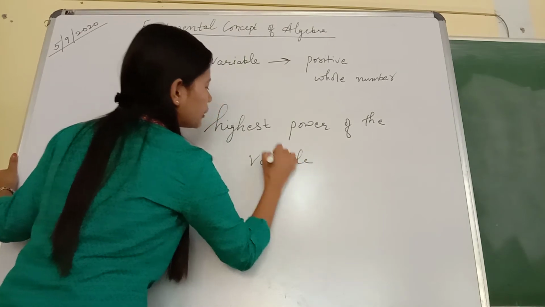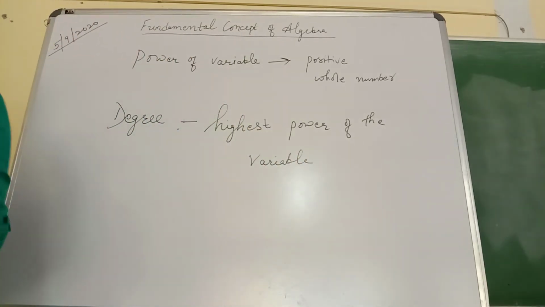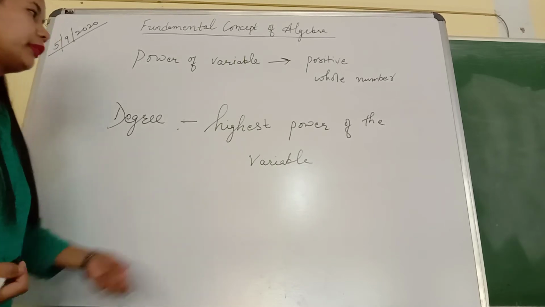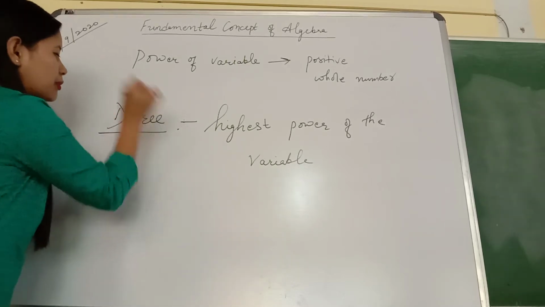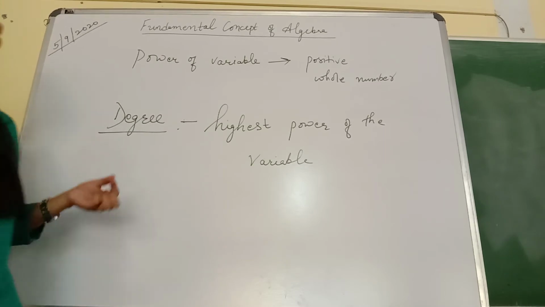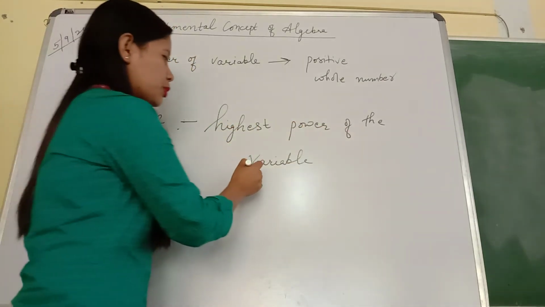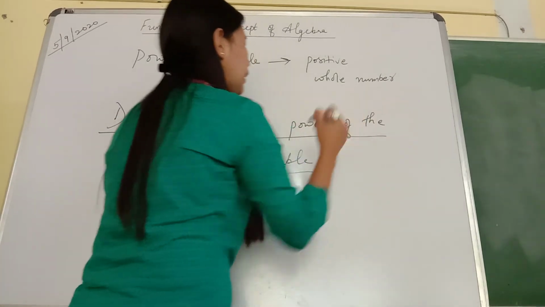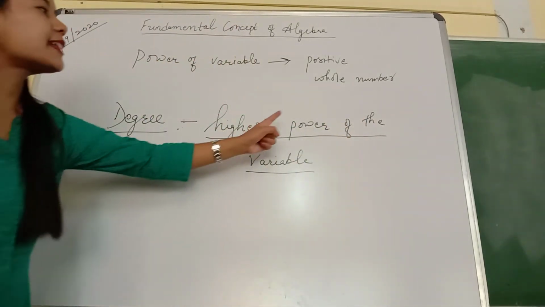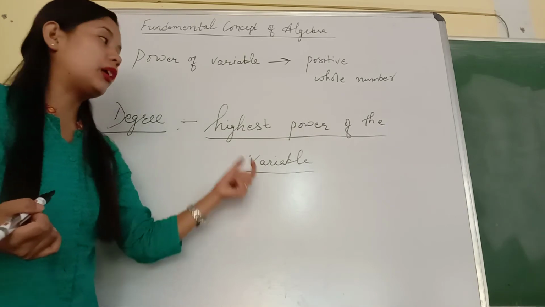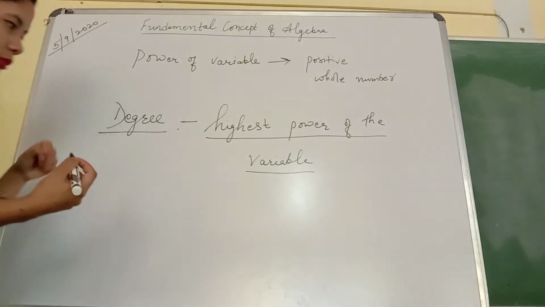Children, we will be learning polynomials in one variable for now. So let us learn about degree. Degree is nothing but the highest power of the variable. This definition is very clear. Highest means the biggest.